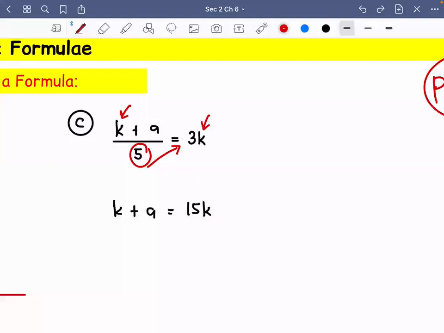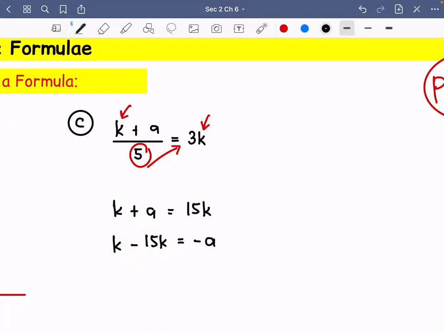So that gives me K minus 15K equals, and then what will happen with A? I need to make K the subject of this formula, so that means A should be on the other side. So negative A. Very good. What is K minus 15K?